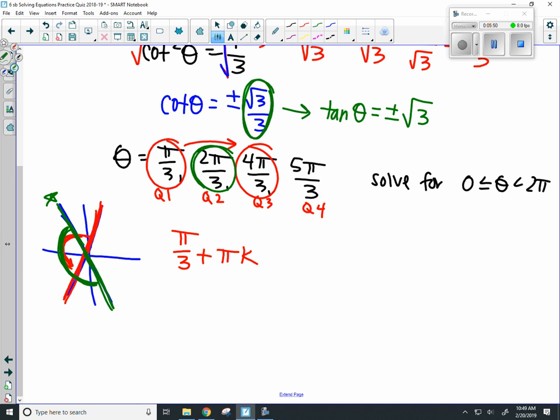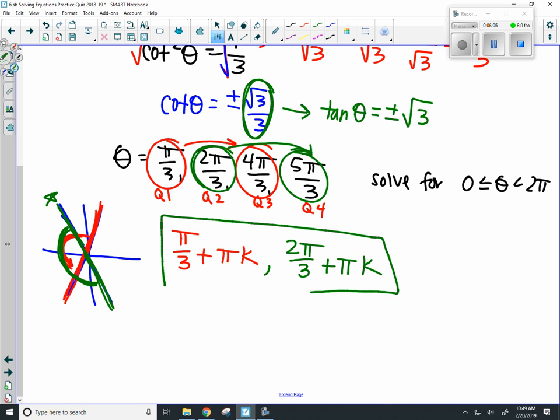So we only need to use the smaller of those two angles and add pi k to it. Because again, if I add pi to 2 pi over 3, it will give me 5 pi over 3. So the general formula for all possible solutions is just going to be pi over 3 plus pi k and 2 pi over 3 plus pi k.